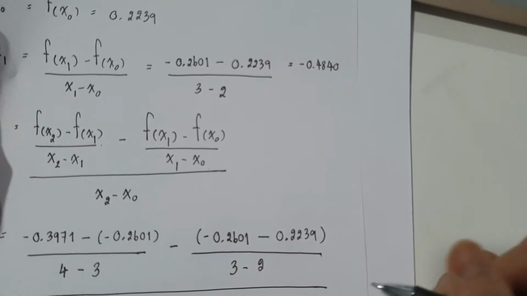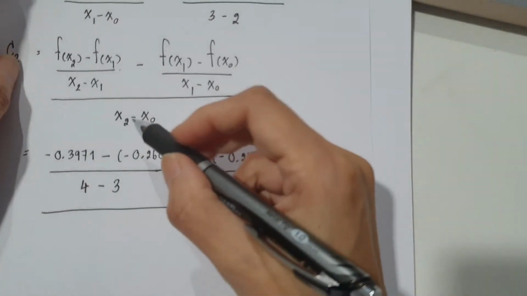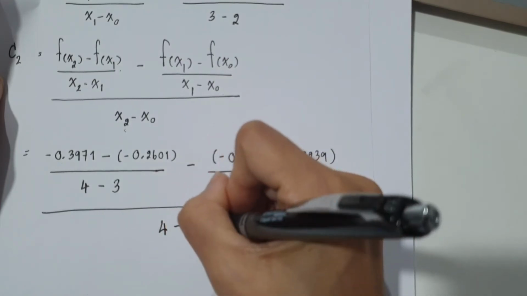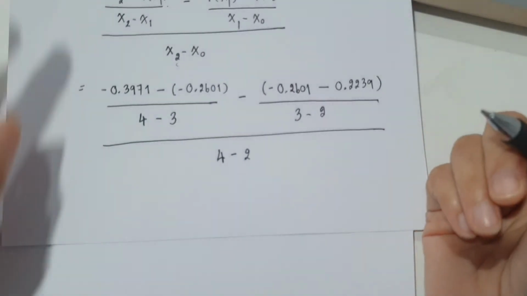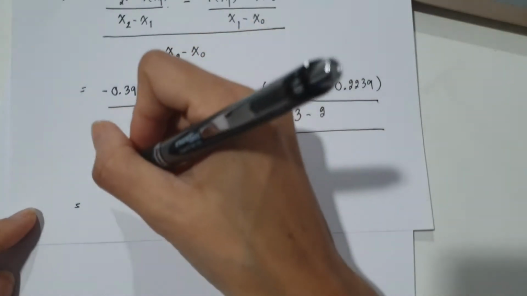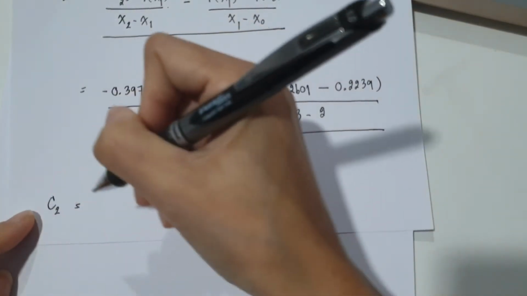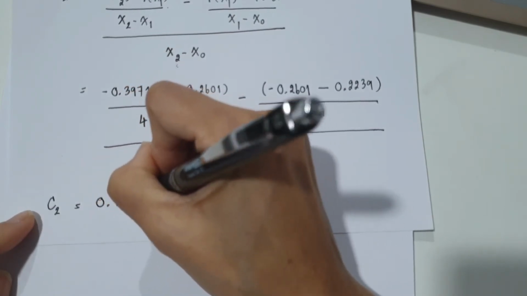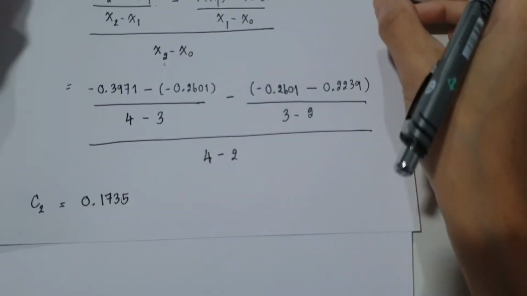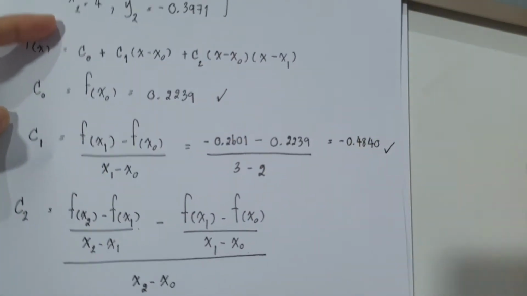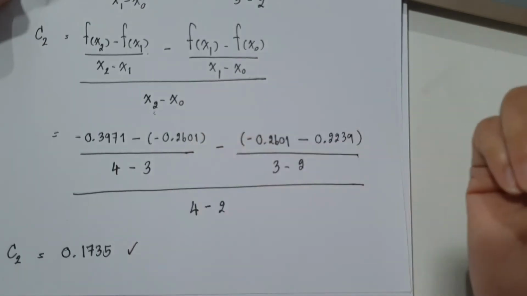After that, we divide by x2 - x0, which is 4 - 2. So from here, if we do the calculation, we get c2 equal to 0.1735. Okay, now we know c0, c1, and c2.